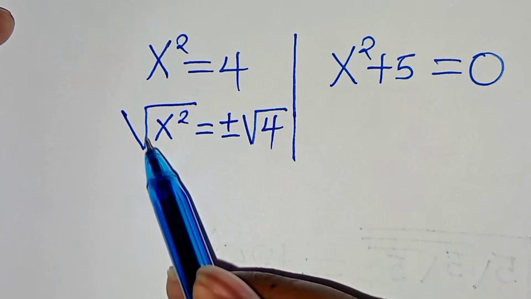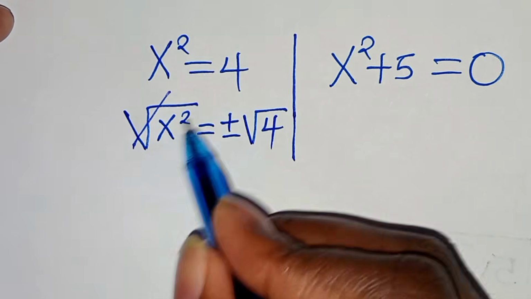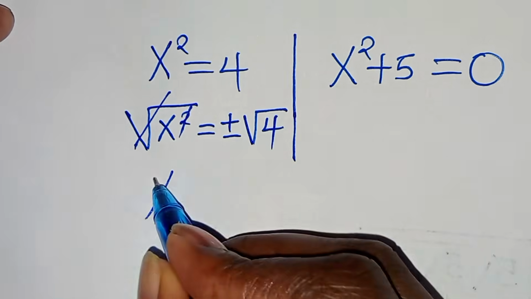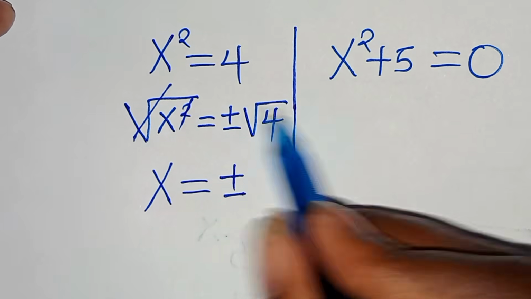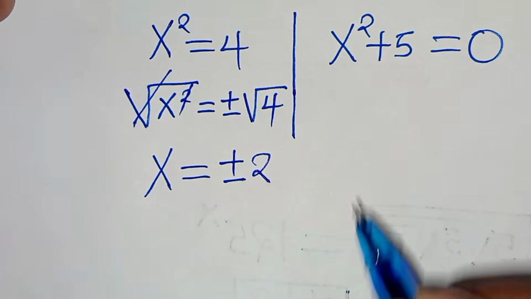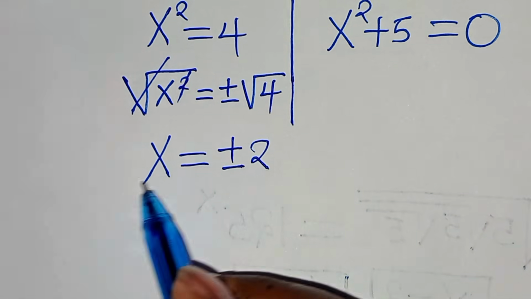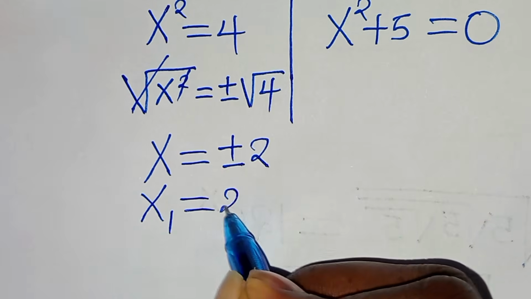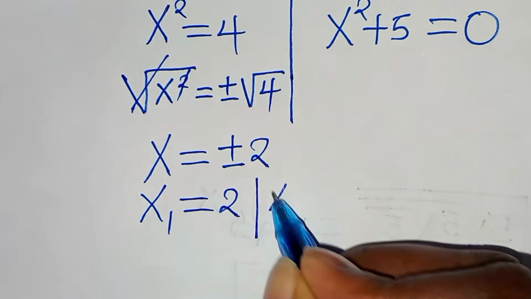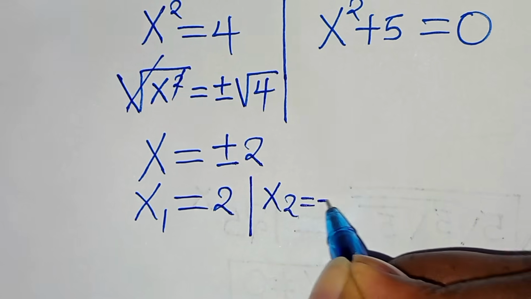So this implies that x is equal to plus or minus the square root of 4, which is 2. So we have two values of x here. We have that x1 is equal to 2, and x2 is equal to minus 2.